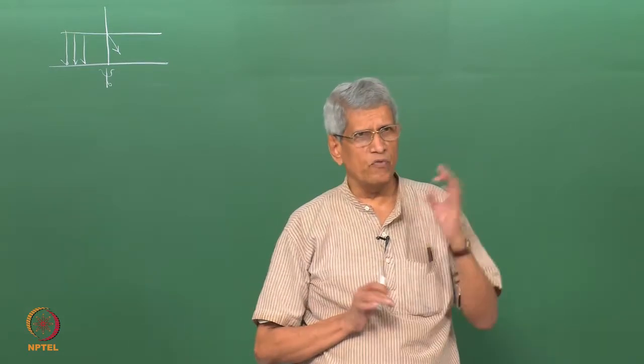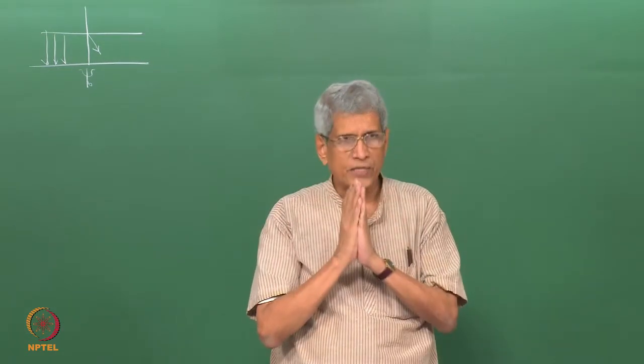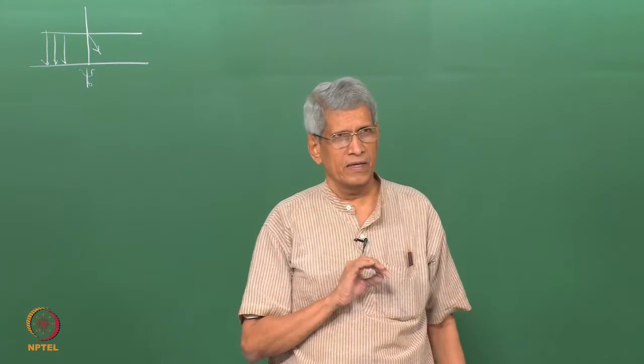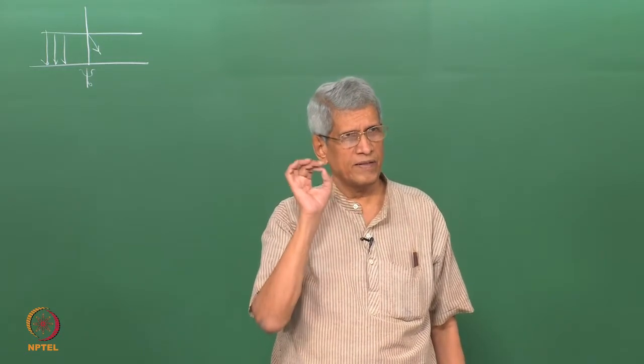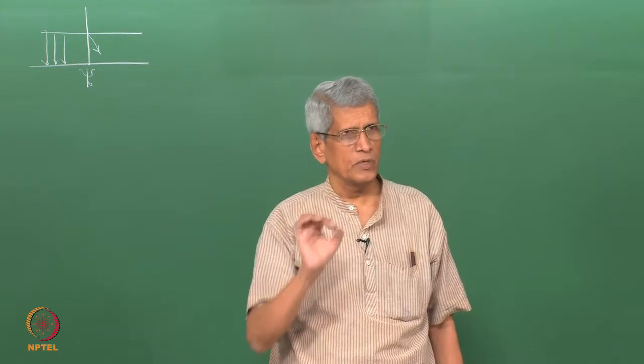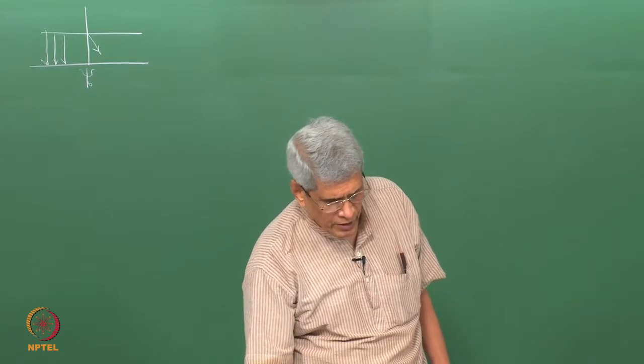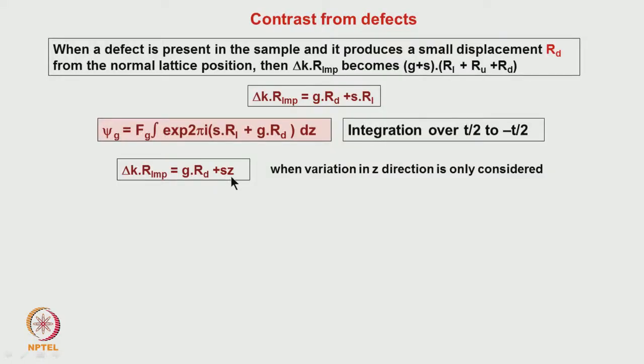Then we define the deviation which the defect introduces in the lattice as the deviation parameter S, which exists only along the Z direction. So this expression will turn out to be SZ plus G dot RD, where G is the diffraction vector used for imaging the sample, and RD is the defect vector.